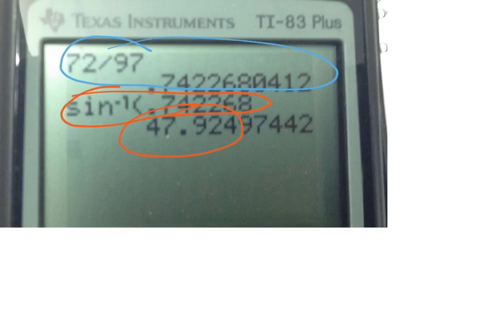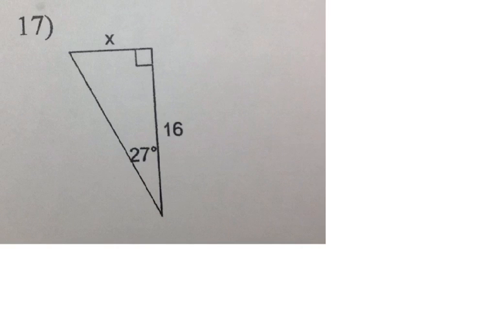Okay, notice this one is a little different. We're missing a side. Well, we're going to start out the same way. Here we have the 27-degree angle. Does everybody agree x is opposite? And the 16 is adjacent. Now notice this time, guys, we have no choice. All we know is opposite and adjacent. We don't know the hypotenuse over here, do we?